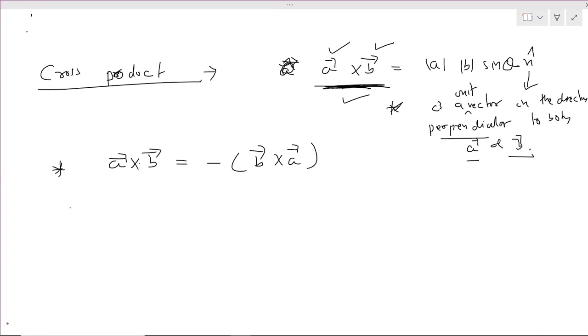All right. Can anyone tell me what will be the answer of this?